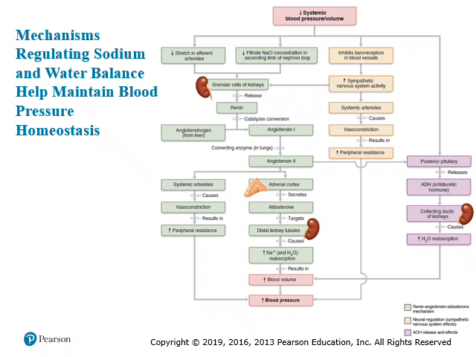Or it can act on the adrenal cortex and it will release aldosterone. Aldosterone acts on the distal kidney tubules and causes increased sodium and water reabsorption. It will increase blood volume as well as blood pressure.